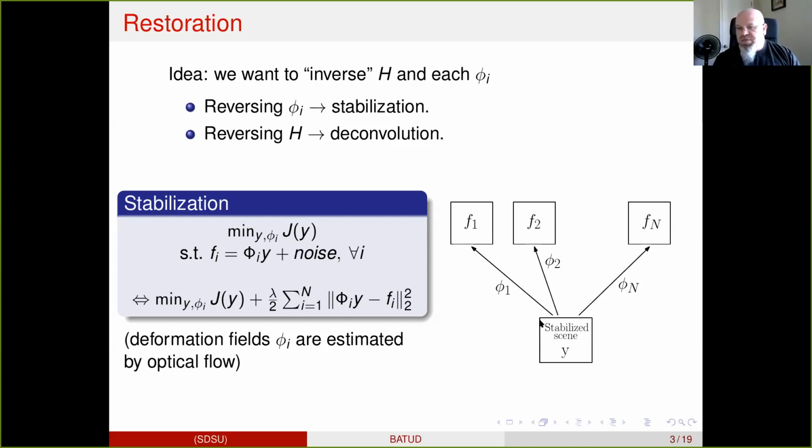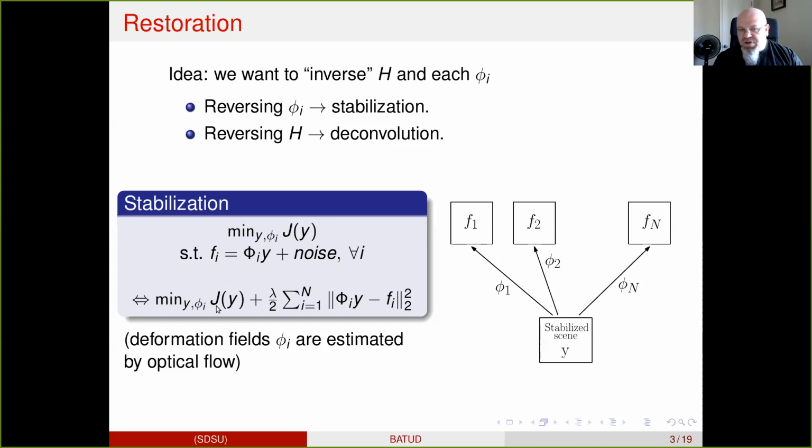From that one, you now estimate all the phi's, right? And the nice thing is those phi's are just vector fields, so deformation fields. And so the inverse of those phi's is just doing the inverse deformation, right? Then we can apply the inverse of each phi to each frame.